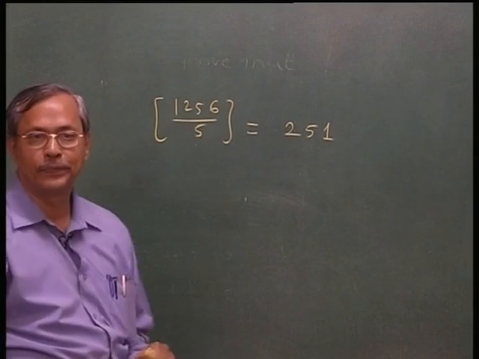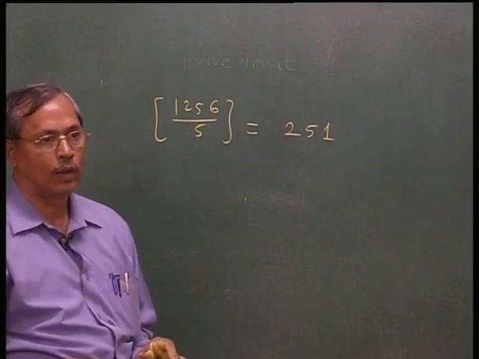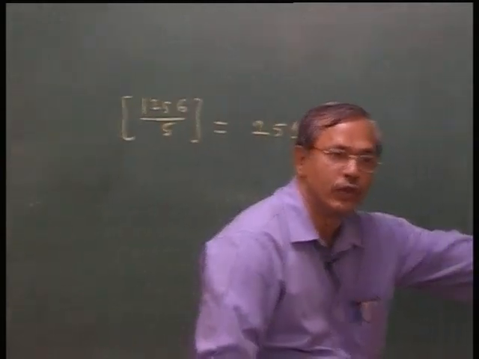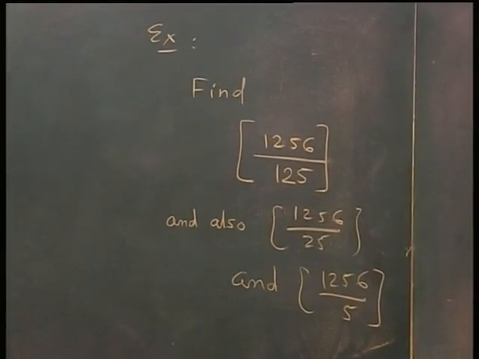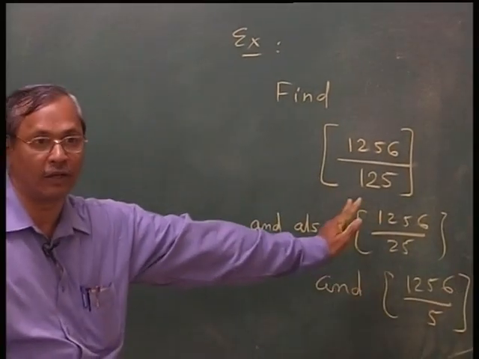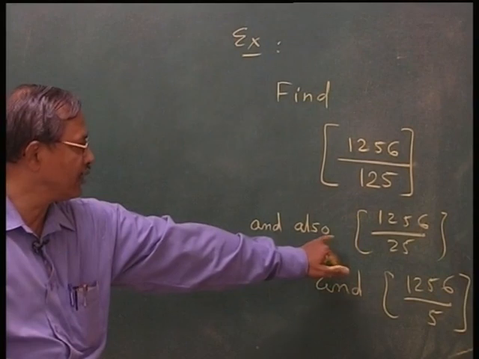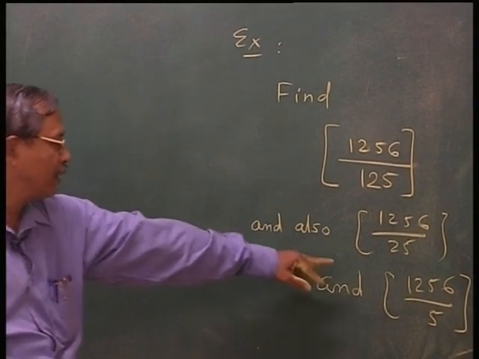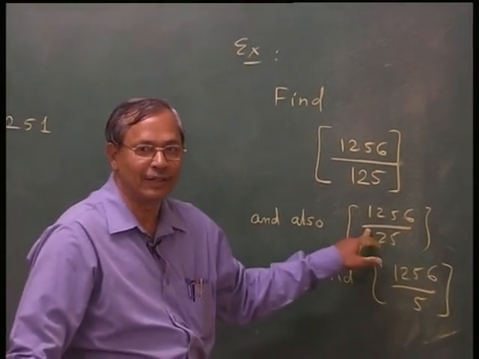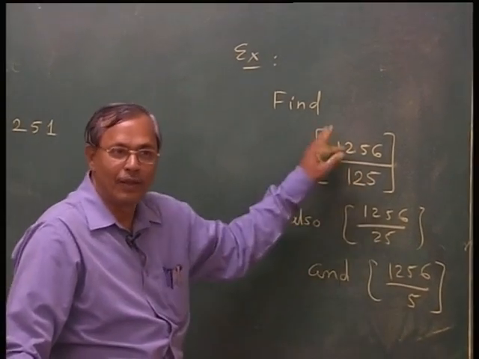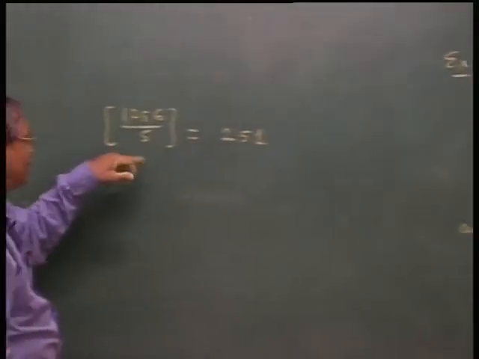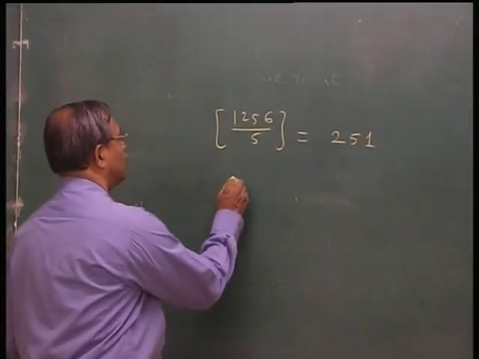Now I want to divide 1256 by 25. I can use this calculation to evaluate this, instead of again dividing by 25. Especially you will see that suppose instead of 5 I have taken a number like 13, then this is 169 and so on. So I can use the previous calculation to get the next thing.